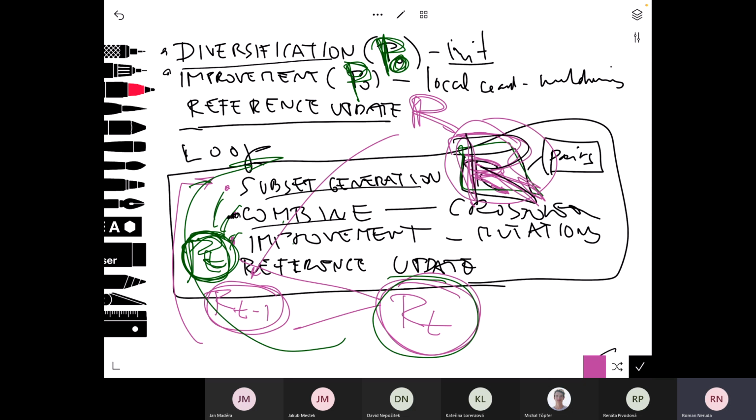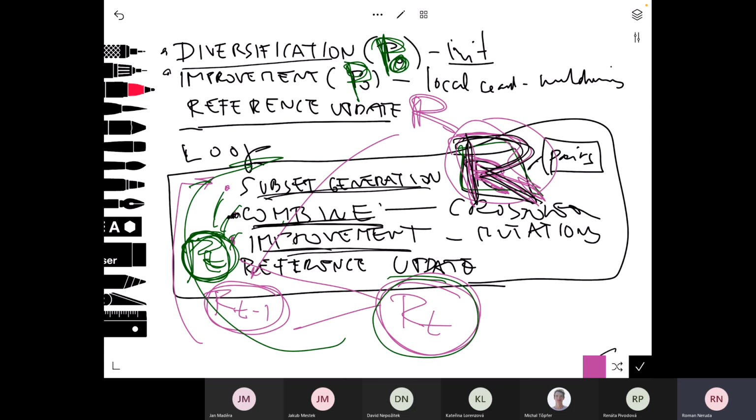So what they're doing is something like a selection. This is sort of a parental selection, but this is usually deterministic. So what they do is they take all the pairs, they just generate pairs of the reference set. So the subset generation can be seen as a parental selection, but the selection is sort of everybody with everybody, right? Then you have the crossovers. Then you have the mutations.